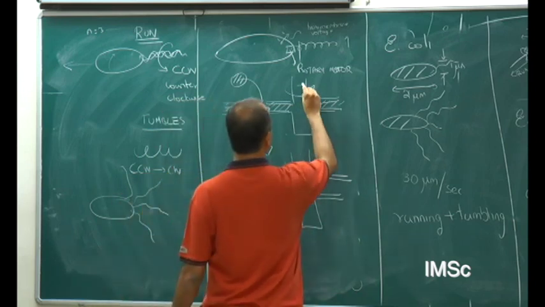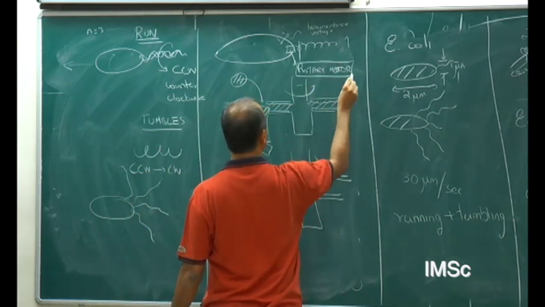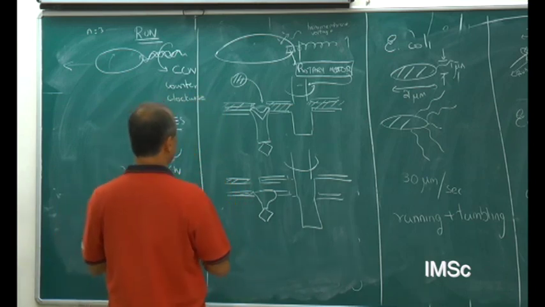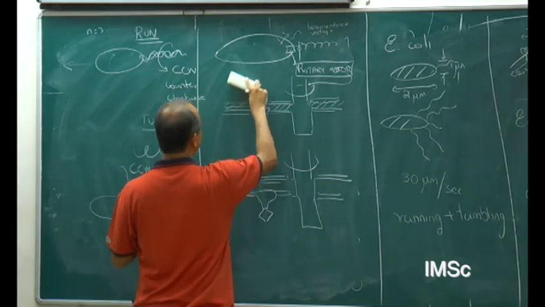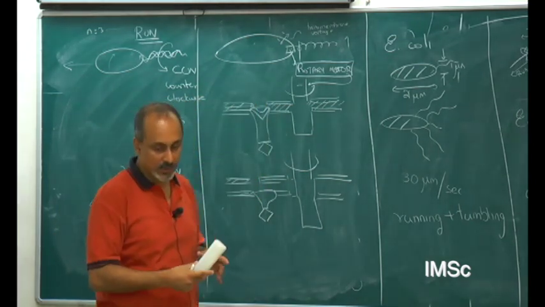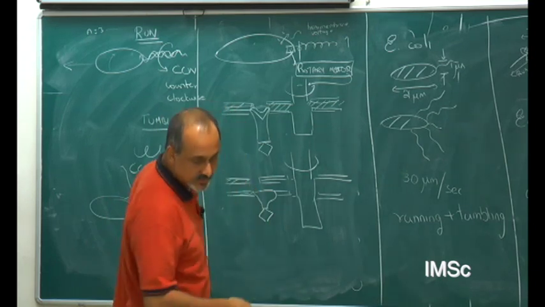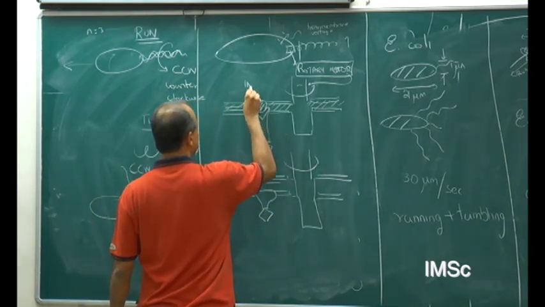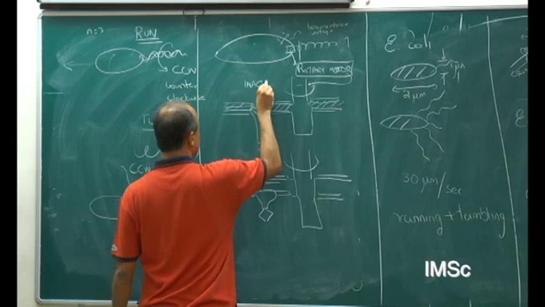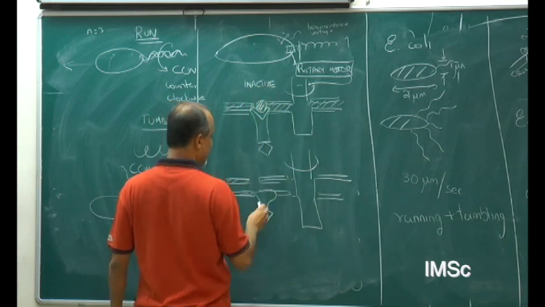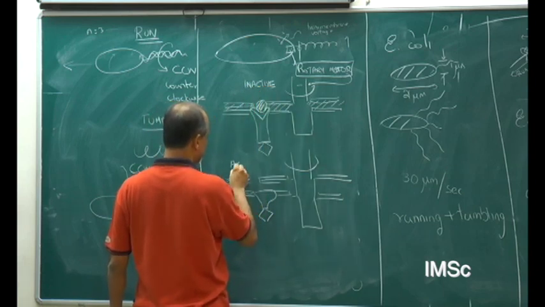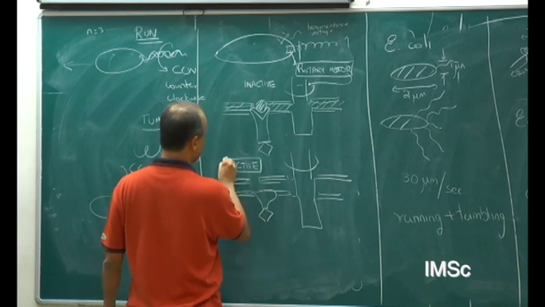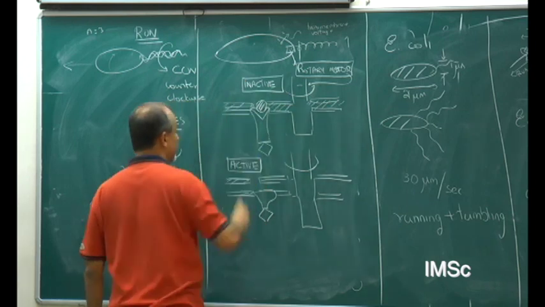So this is the motor that rotates the base of the flagellum. This is the ligand, which is either bound or unbound. So this bound state here corresponds to inactive, and the unbound state here corresponds to active, in the notation which I will use right now.